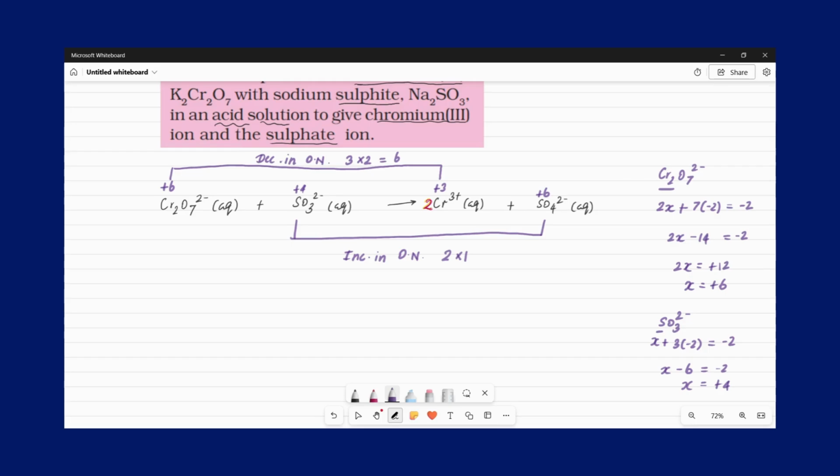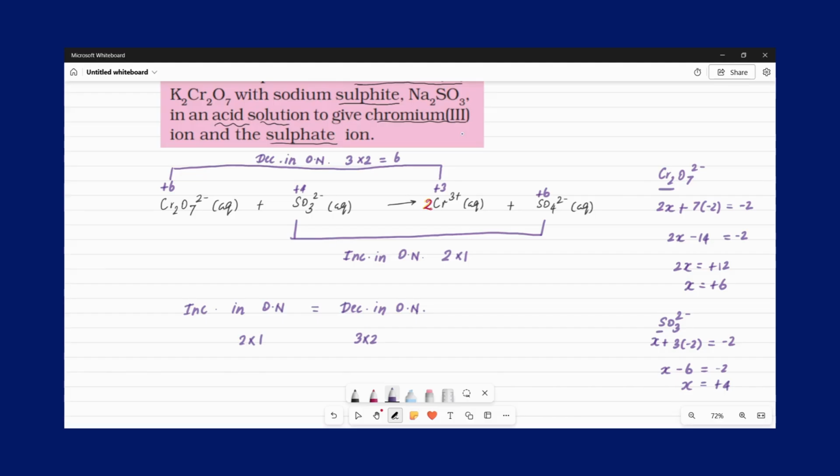The next step is to equate the increase in oxidation number and the decrease in oxidation number, because that is the basic principle on which this method works. So the decrease is 3 times 2, and the increase is 2 times 1.